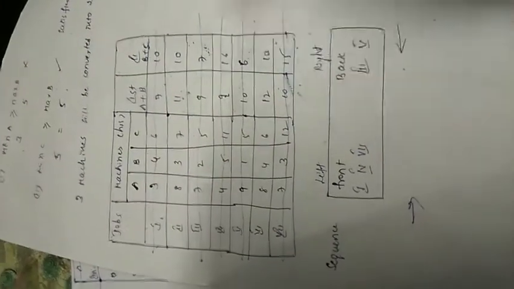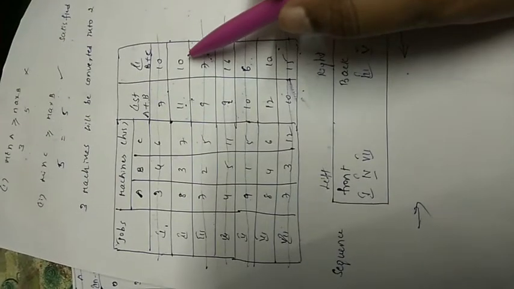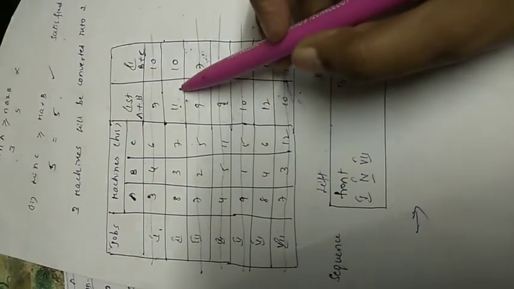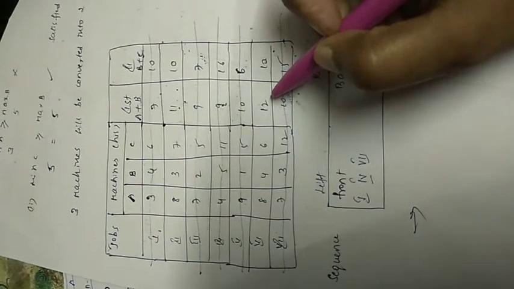We have two tens here. One is 10, and another is also here, but both are in the second machine. But in our first machine we only have 11 and 12.